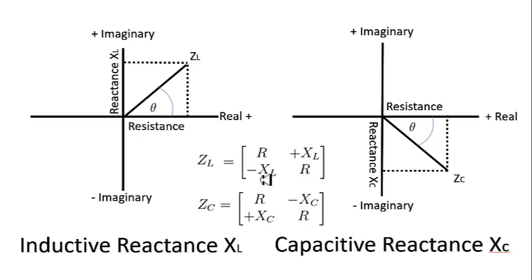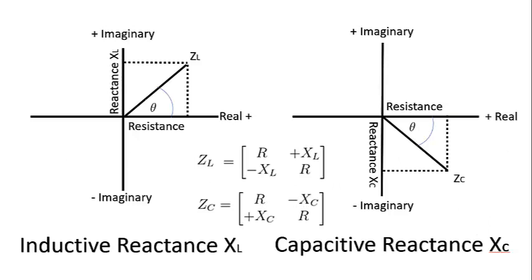What happens is the capacitive reactance is on the backward diagonal, but the sense is flipped. So you've got the negative value in the upper right hand corner and the positive value in the lower left hand corner. This is because the capacitive reactance is in the negative imaginary numbers.